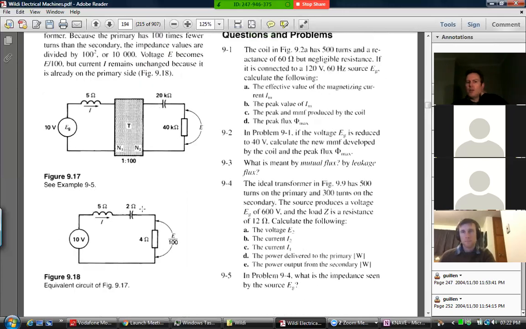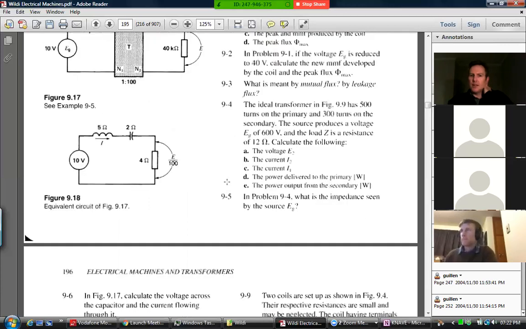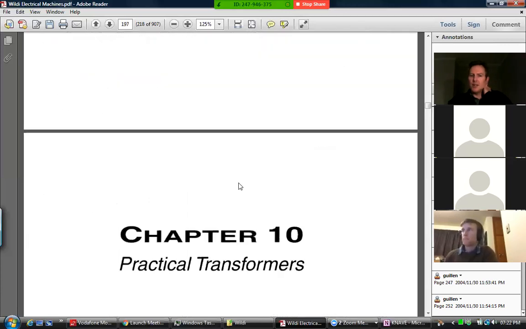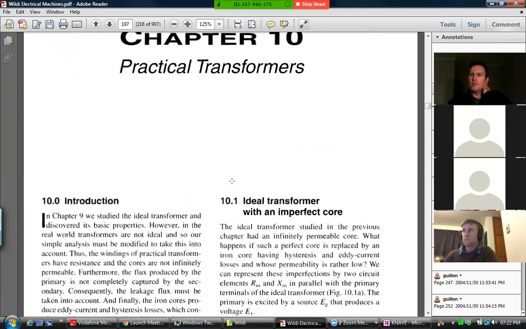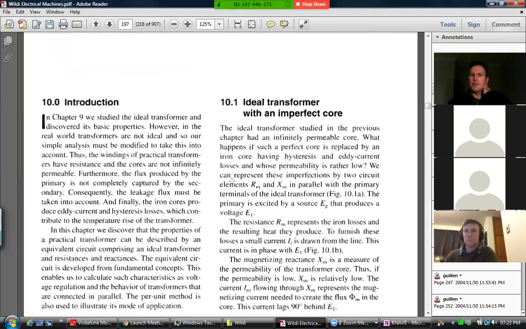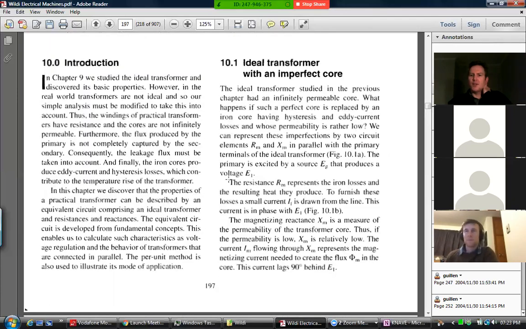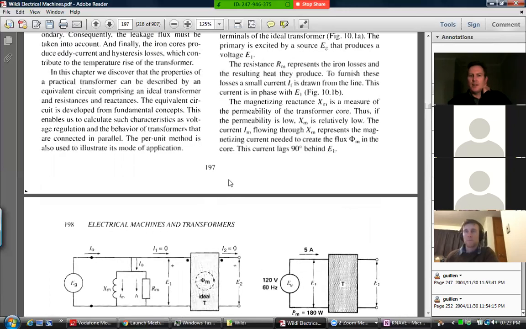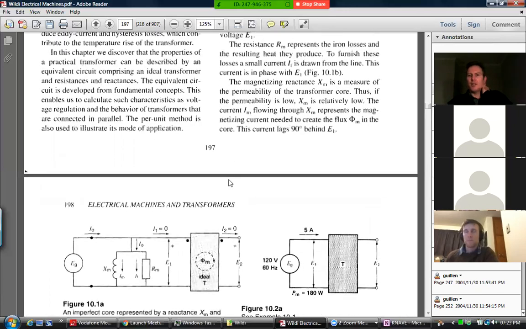When you solve for it here, you're solving it in the equivalent circuit, but then you actually have to go back and work out what it will actually be in the real circuit. Okay, so that was quick. Ideal transformer is sorted, which means we can just touch on some of the things of the real transformers, and then we can carry on with it next week.